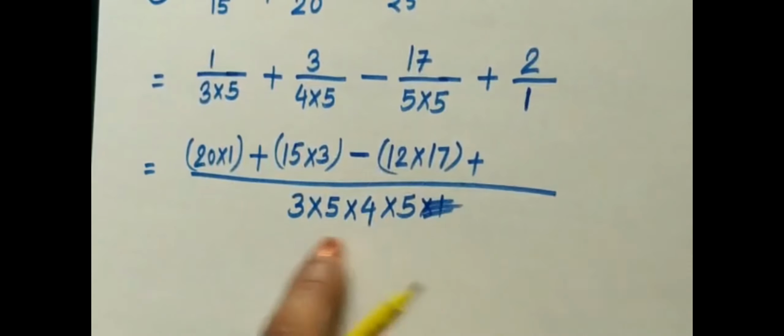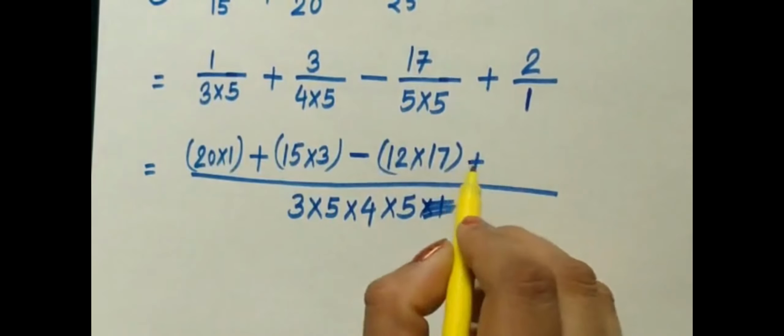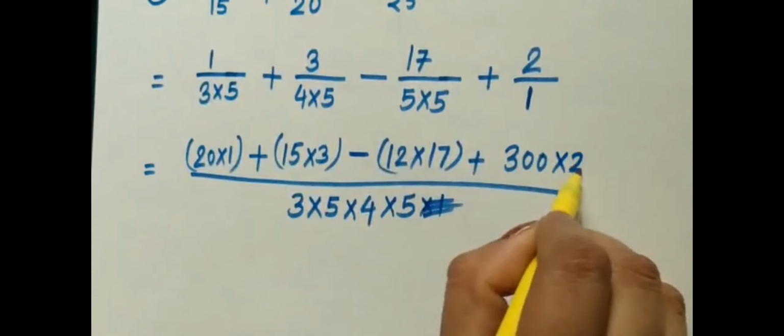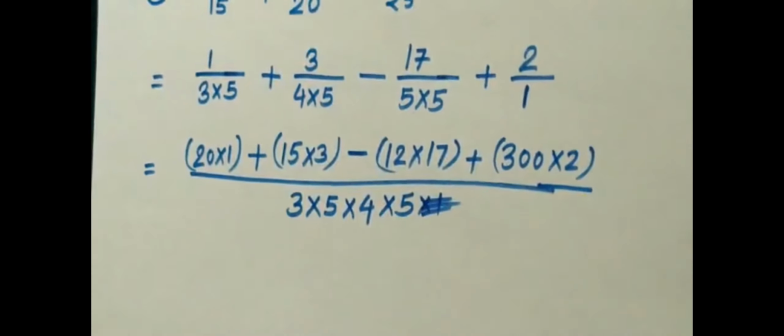Now 1 is not present here, so when we hide this 1, we get 3 cross 5 cross 4 cross 5, that is 300, and we need to multiply with this 2, so we write this in a bracket.